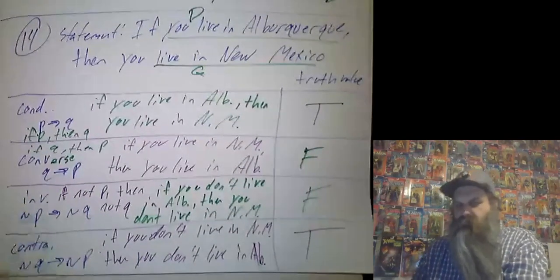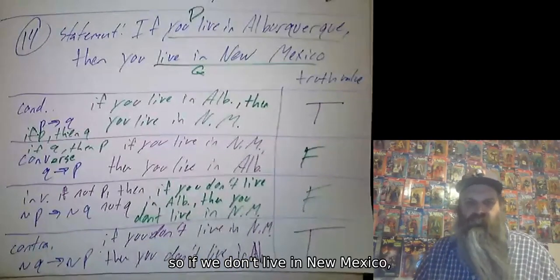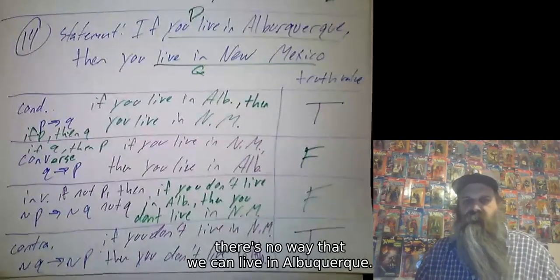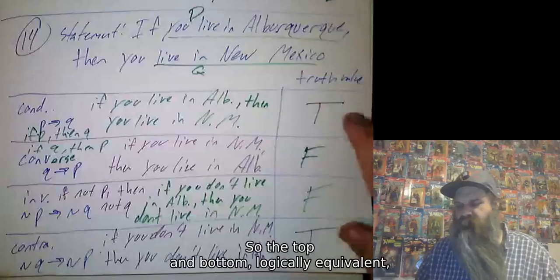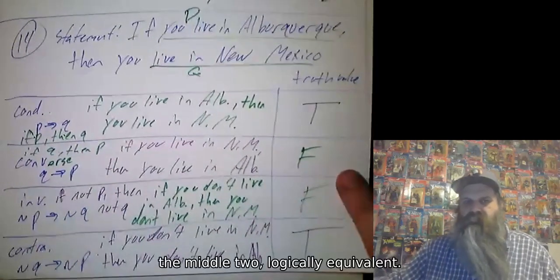And of course, that's true. Albuquerque is in New Mexico, so if we don't live in New Mexico, there's no way that we can live in Albuquerque. So the top and bottom, logically equivalent. The middle two, logically equivalent.